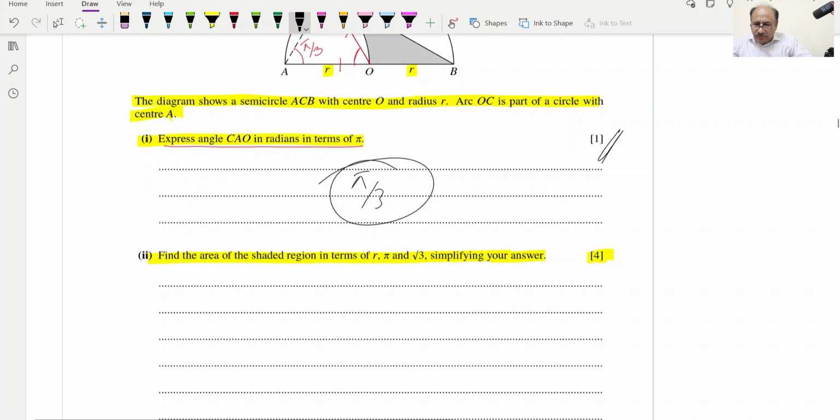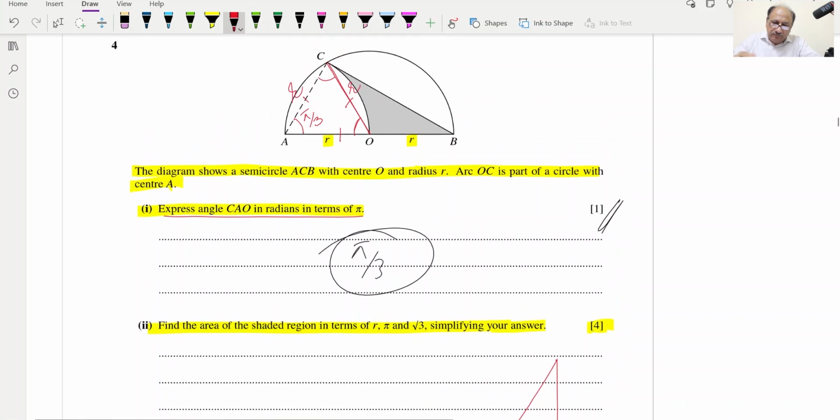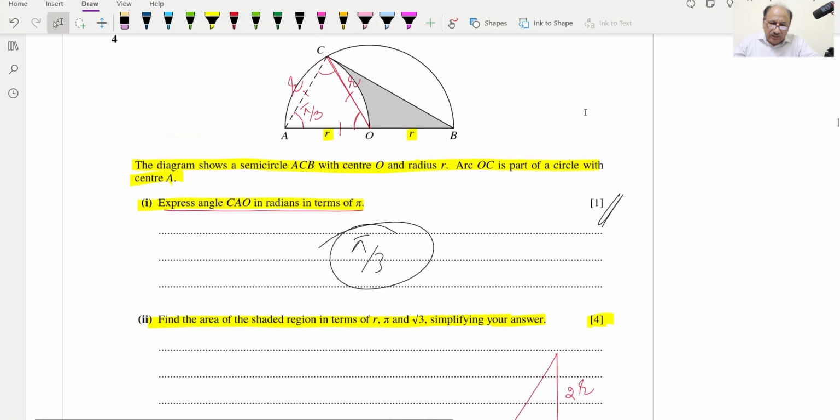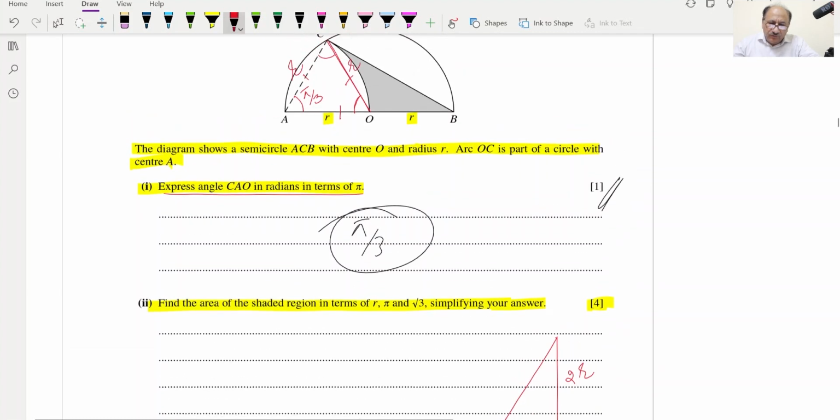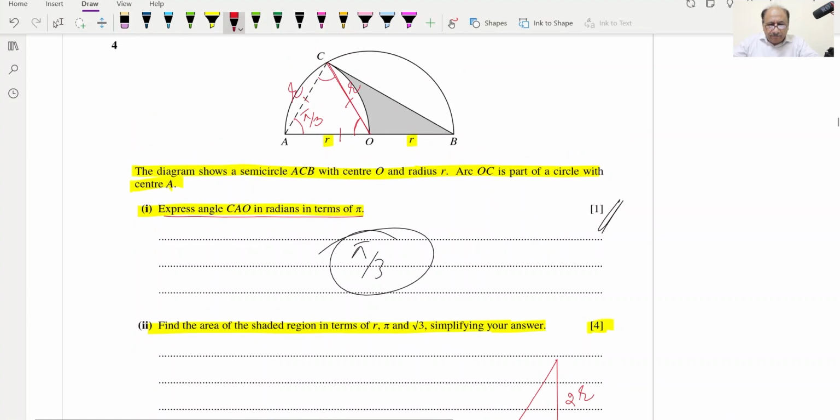If we draw the triangle separately, this is basically the triangle, and side AB is 2R. The other base side, AC, is R. Now we can find the CB side.